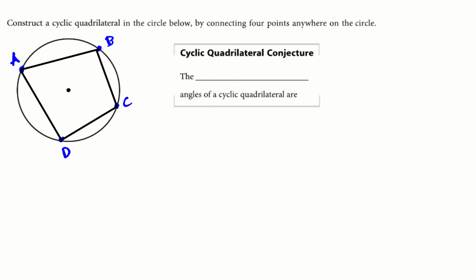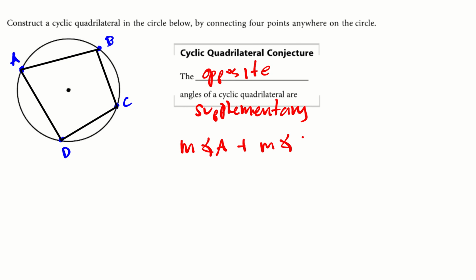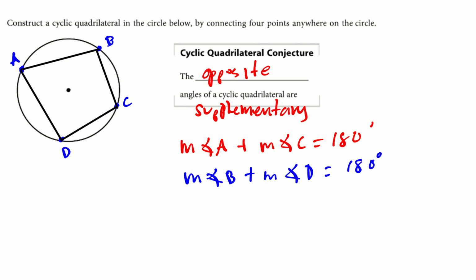What we say is that the opposite angles of a cyclic quadrilateral are supplementary, meaning that the measure of angle A plus the measure of angle C is 180 degrees. You can also say that the measure of angle B plus the measure of angle D is also 180 degrees, which goes with the fact that every quadrilateral has a total of 360 degrees.